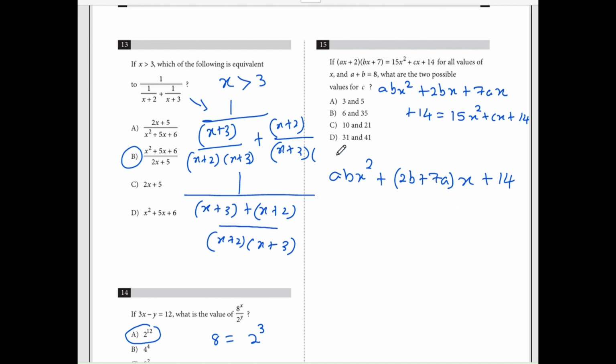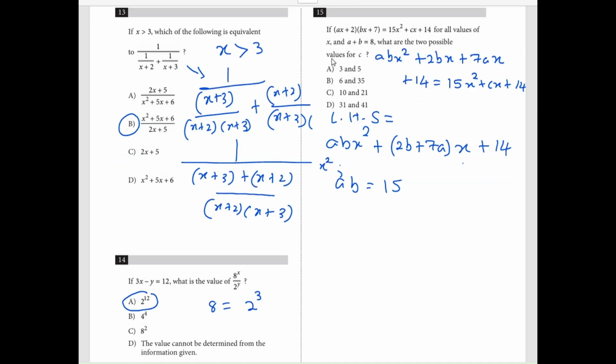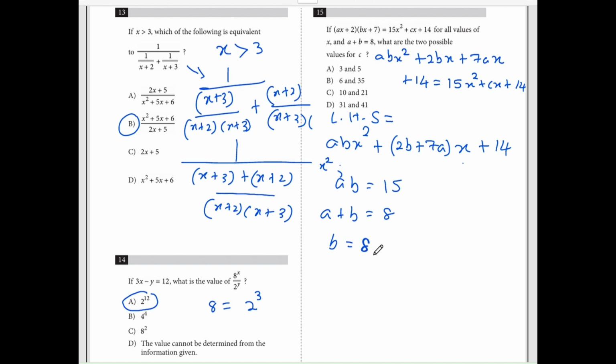Here this is the left hand side, and ab should be 15, because these are the coefficients of x squared. Also we know that a plus b equals 8, so b equals 8 minus a.